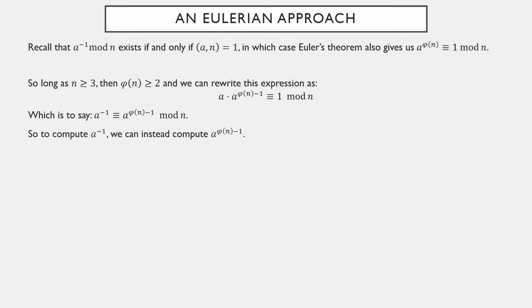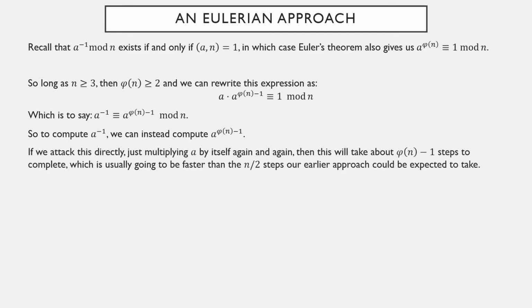So to compute a inverse, instead we can just compute a to the phi of n minus 1. Now, if we tried to do this directly, we'd be multiplying a by itself over and over again, and we'd have to do one multiplication for each value in the exponent, so it would take about phi of n minus 1 steps of consecutive multiplication plus division algorithm to reduce modulo n. Now, that's a lot of work, but it is generally faster than the n over 2 steps that the earlier approach would have taken.